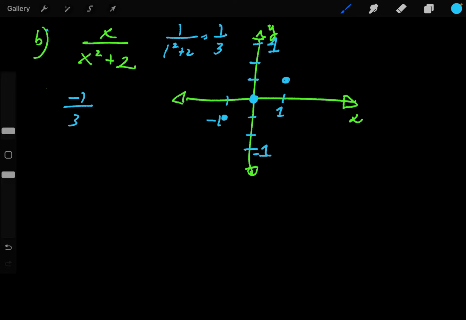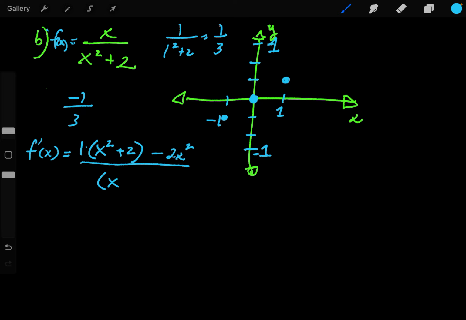Now, so now that I have this idea, this is f of x, right? Let's find out where this function is increasing or decreasing by computing the derivative. I'm going to do quotient rule. Quotient rule says that the derivative of the top times the bottom minus the derivative of the bottom times the top, over the bottom squared.